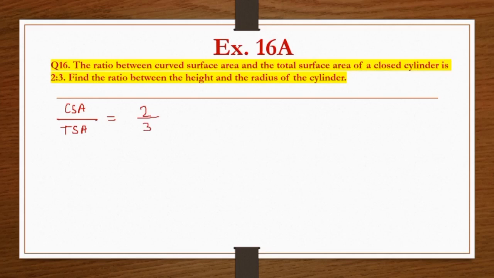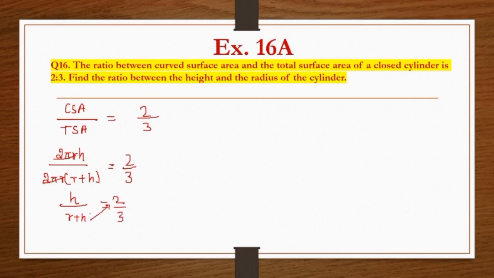Now put the formula. CSA is nothing but 2 pi RH, and TSA is 2 pi R times R plus H, and that equals 2 by 3. 2 pi R cancels with 2 pi R, so we are left with H by R plus H, which equals 2 by 3. Now cross multiply.